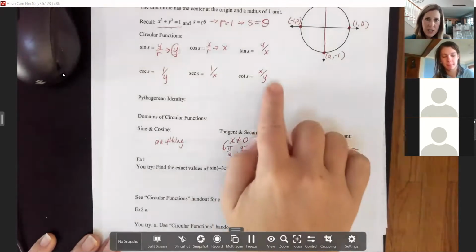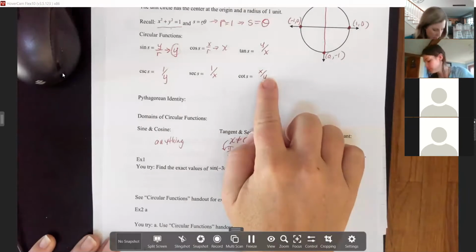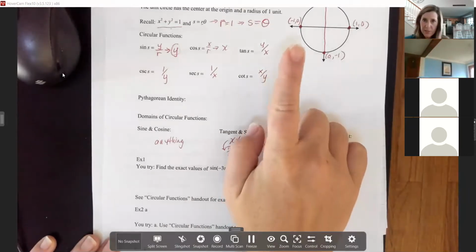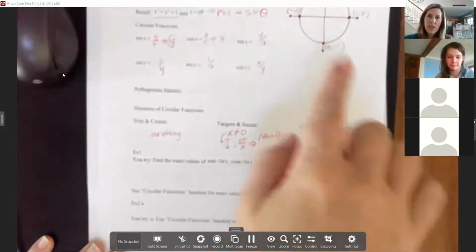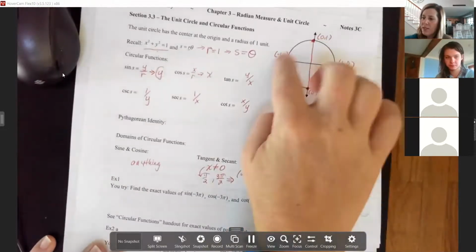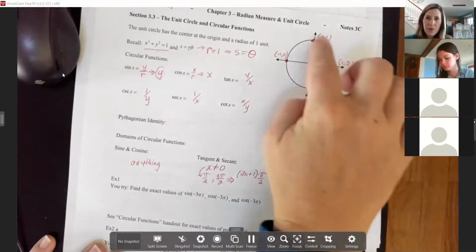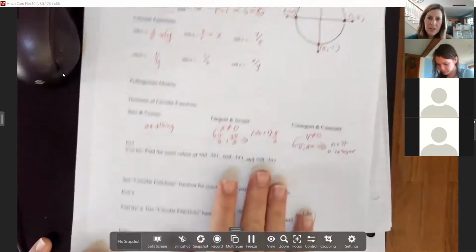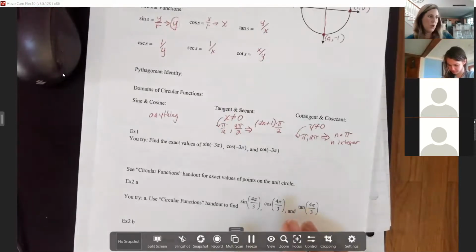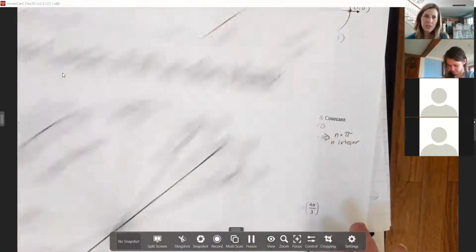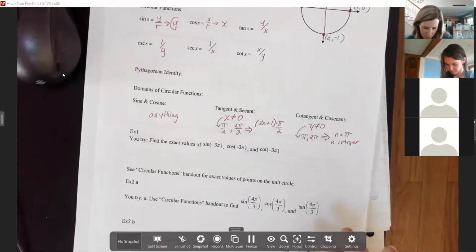And cotangent is x over y. So that is undefined because it would be -1 over 0. So some of these were those points along the unit circle, if they were the quadrantal angles, and other ones were similar values to what was on that unit circle sheet or the unit circle in your book.